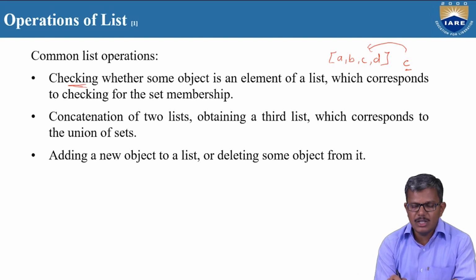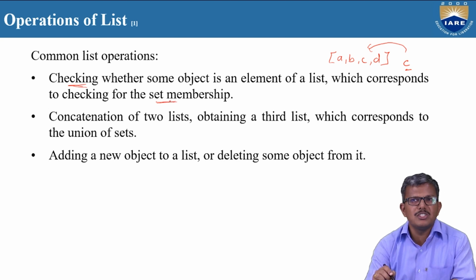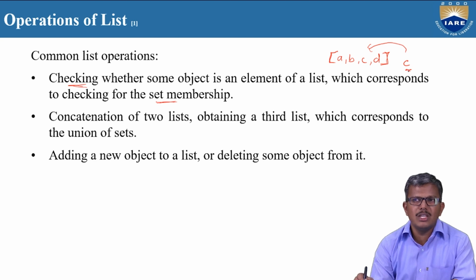We can even say that it is nothing but trying to check the set membership, where the set in this case is this one. Whether this C belongs to this particular set or not, or whether this C is a member of this particular list or not. So that is the first operation.